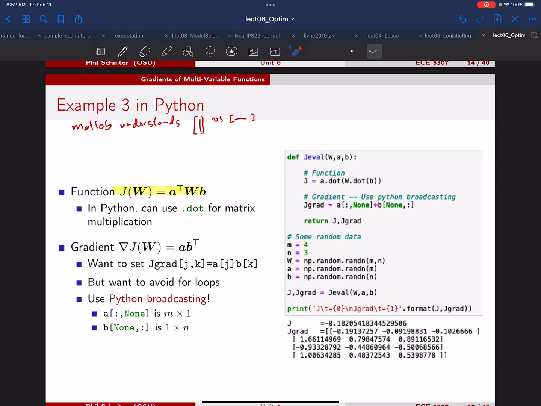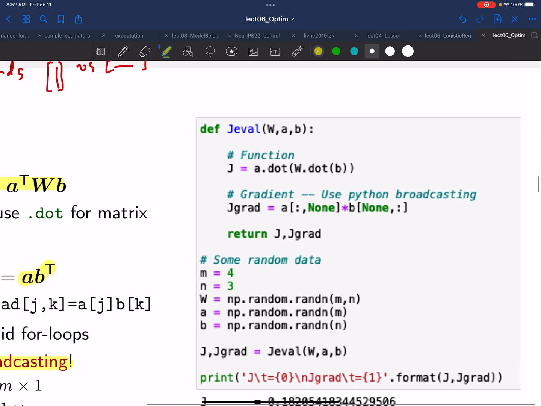So this brings us to something called Python broadcasting. Super important concept. So if I want to do this A B transpose in Python, or in NumPy, this is what I do. I first expand this vector A into a matrix. The fact that I have two different coordinates here, first, second, means now I'm thinking about it as a matrix.